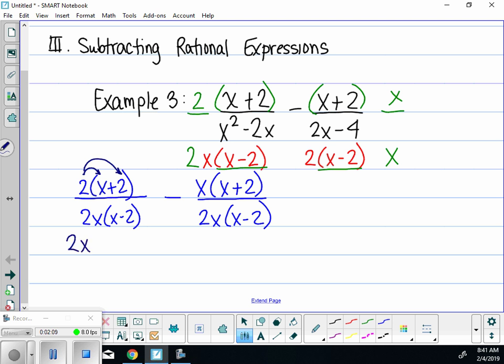So you have 2x plus 4. Distribute the x. Now we have a minus here. So we're going to have minus x squared and, it's almost like having a negative x there, so and minus 2x, all over 2 times x minus 2.